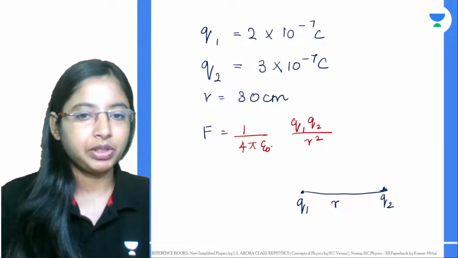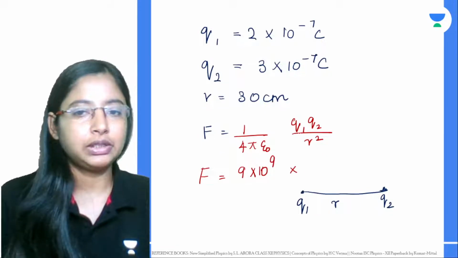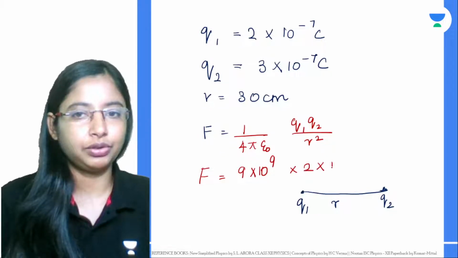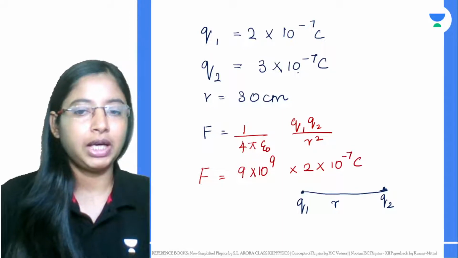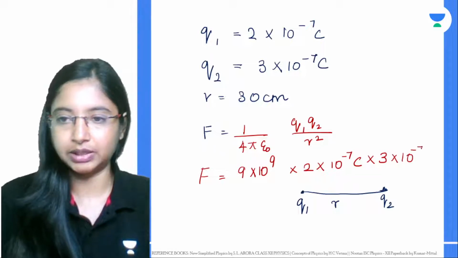The value of 1 by 4 pi epsilon naught is known for air. This is 9 into 10 to the power of 9 newtons. Q1 is given over here, 2 into 10 to the power of minus 7 coulombs. And Q2 is also given, 3 into 10 to the power of minus 7 coulombs.